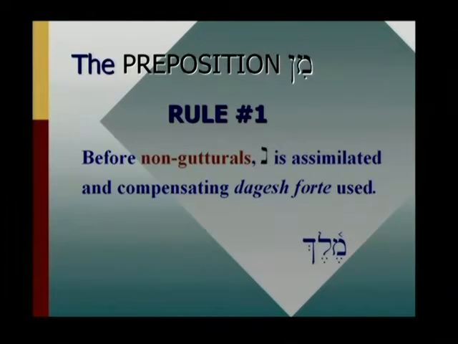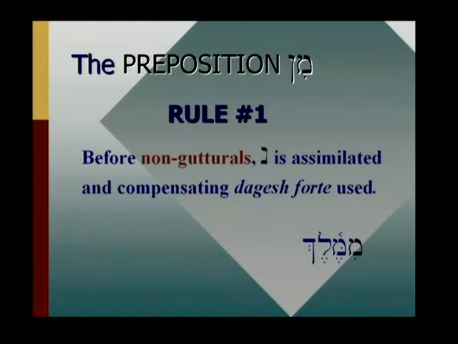So you have melech, king, a king. Mimelech is from a king. From a king. Notice the dagesh that represents the assimilation of the noon on min. The preposition min, the noon disappears. And so you have it show up as a dagesh in the first letter.